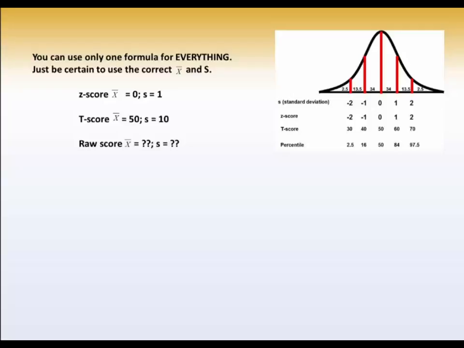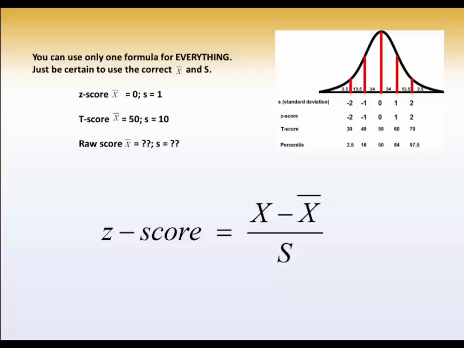You have a mean of z-scores, which is 0, a standard deviation of z-scores, which is 1, a mean of the t-scores, which is 50, and a standard deviation of t-scores, which is 10. Knowing those things and keeping them in mind, you really can use one formula all the time, and that formula happens to be the z-score formula. Notice that you never know exactly what the mean and the standard deviation of the raw score are going to turn out to be until you have your distribution.